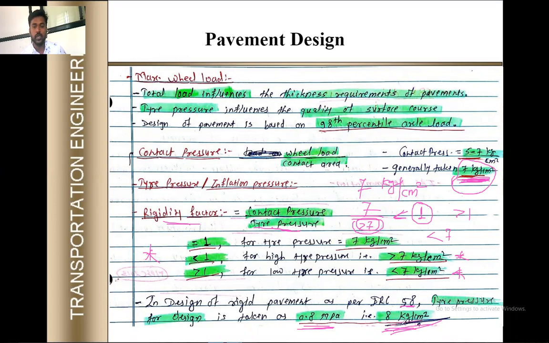When we put this tire pressure as 8 kg, what will happen? The ratio will become 7 by 8, so it is always less than 1. So whenever we are designing the pavement, the rigidity factor is taken as less than 1. We can say this.